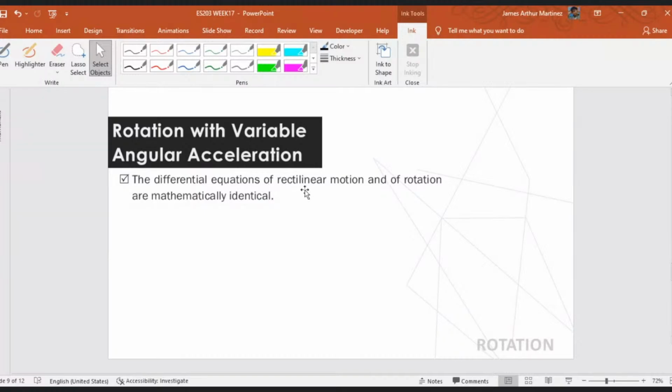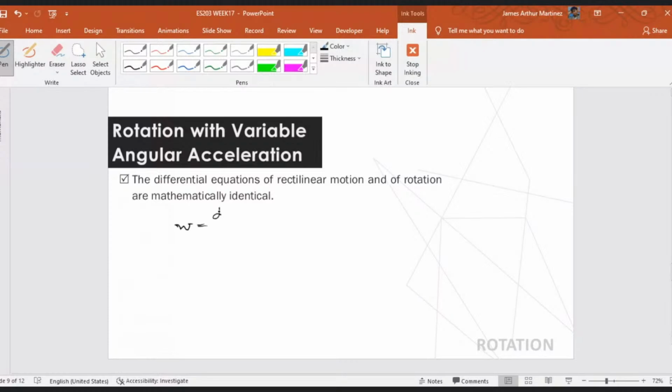The differential equations of rectilinear motion and of rotation are mathematically identical, as I mentioned earlier. The kinematic differential equations for rotation are the following.